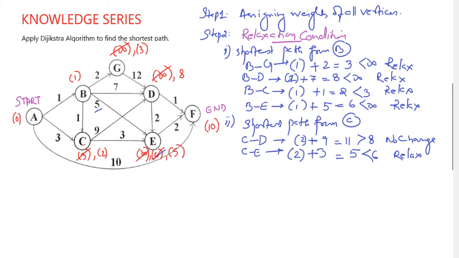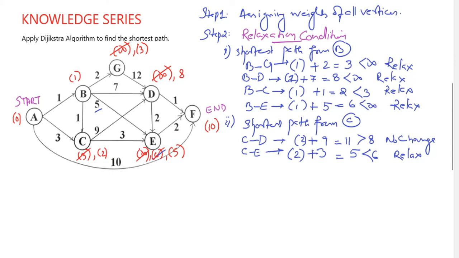Now, which is the next smallest one? C is over. So we have 5, 8 and F. G has not been visited, so automatically G has the smallest weight.